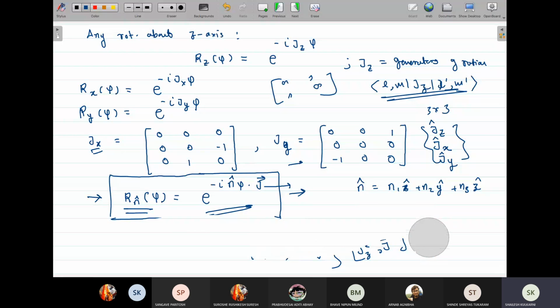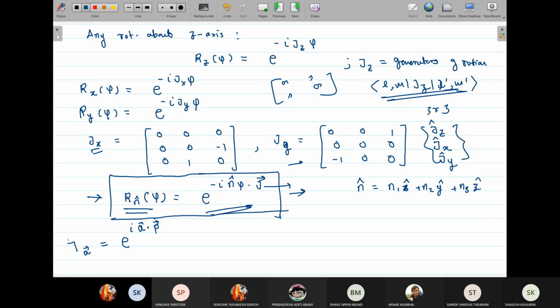There are other examples also. It's not restricted to rotation and Lorentz transformation. Obviously, you have translation. You must have seen in quantum mechanics that the translation operator can be written as e to the power i a dot p, where a is the translation parameter and p is momentum. This is your translation by amount a. In quantum mechanics, these are elevated to operators. P becomes an operator.